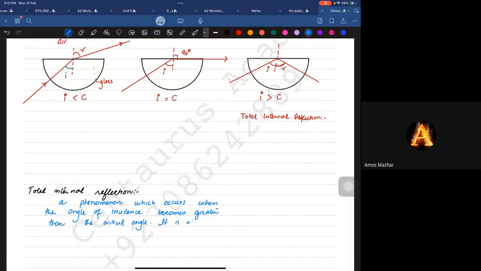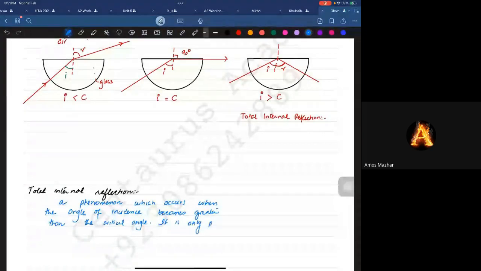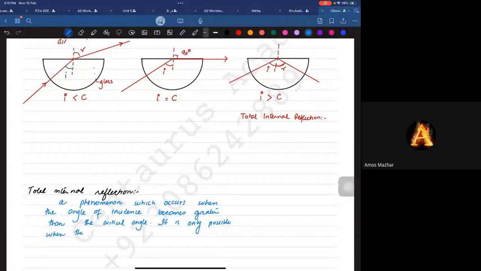It is only possible when a ray of light is passing through a more dense medium to a less dense medium.